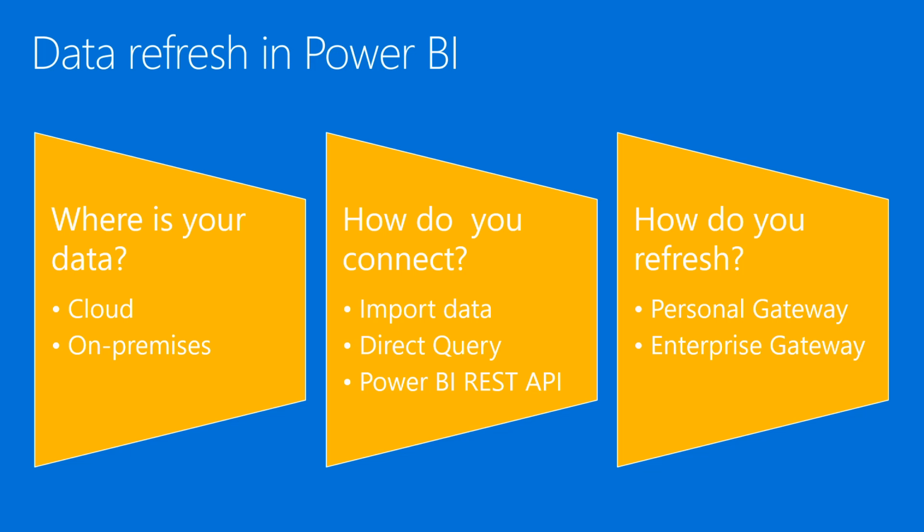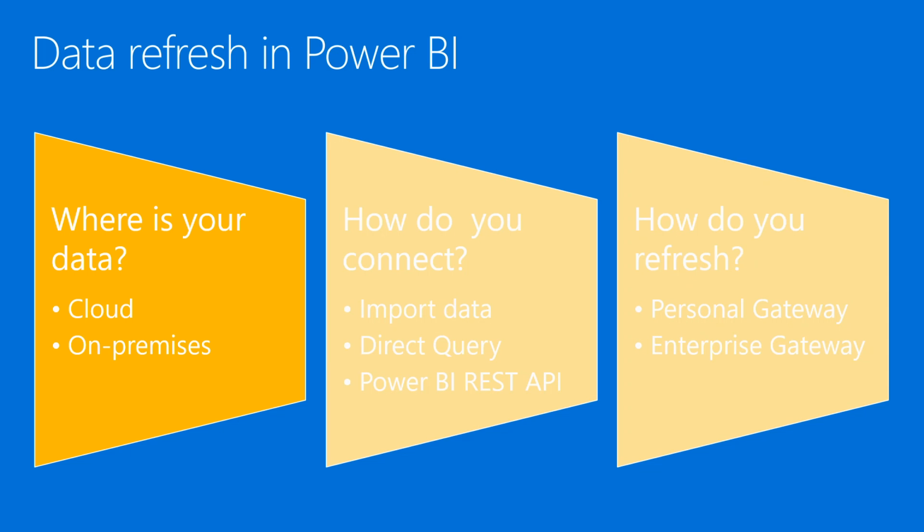So when you want to understand the data refresh for Power BI, there are three questions. We like to think of them as three different buckets of what you should be doing to keep it up to date. The first one is, where is your data? Is it on cloud or is it on premises?